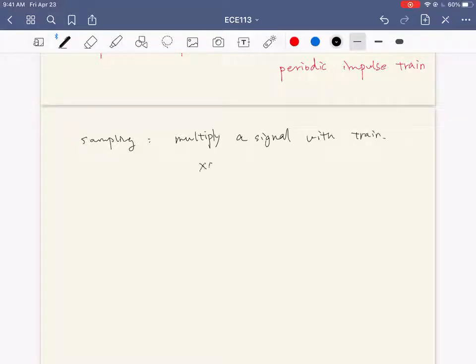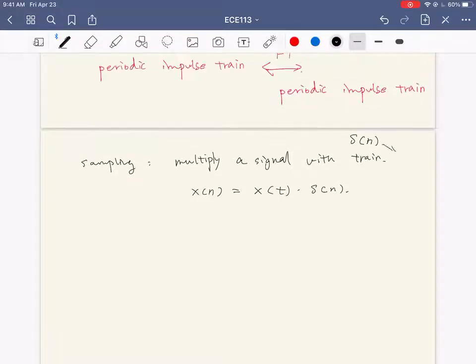For example, if the train is called S, then our x of n is like x of t times S of n, or you can also define it as S of t, where S of t is only non-zero when t equals n. They are the same. So sampling basically means you multiply something with your impulse train.